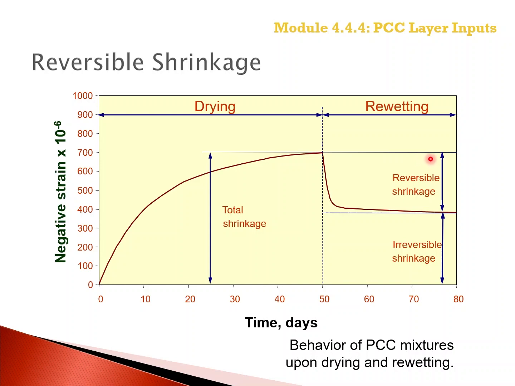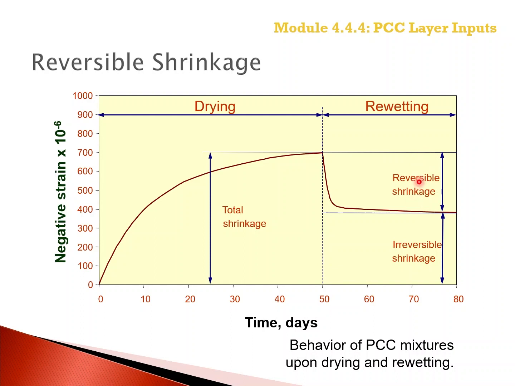The impact of differential shrinkage, or the drying and re-wetting of the PCC, results in moisture warping caused by differential shrinkage throughout the slab.